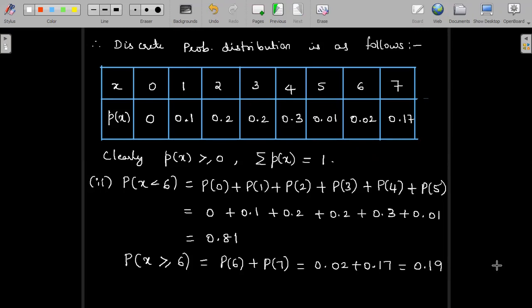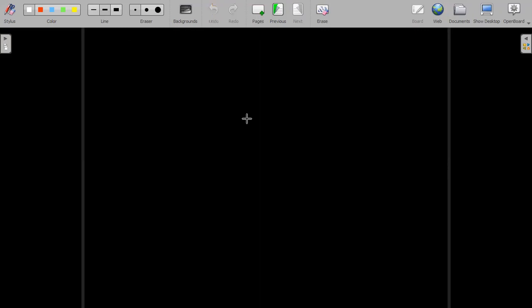Similarly, the probability of x lying between 3 and 6 can be found out, meaning x is greater than 3 and less than or equal to 6. So the probability of 3 less than x less than or equal to 6. This is the probability of x equal to 4, 5 and 6 only.